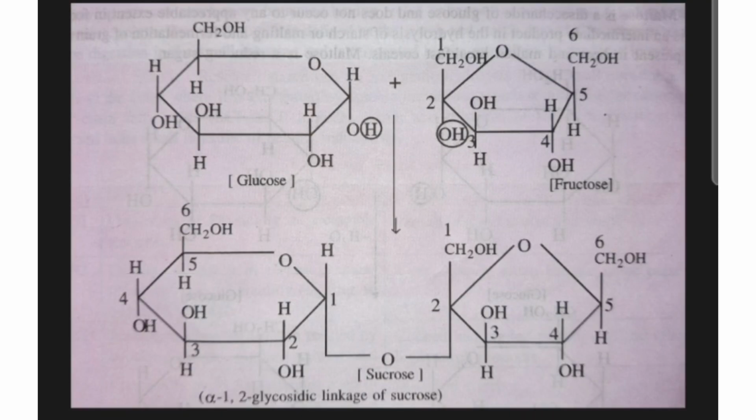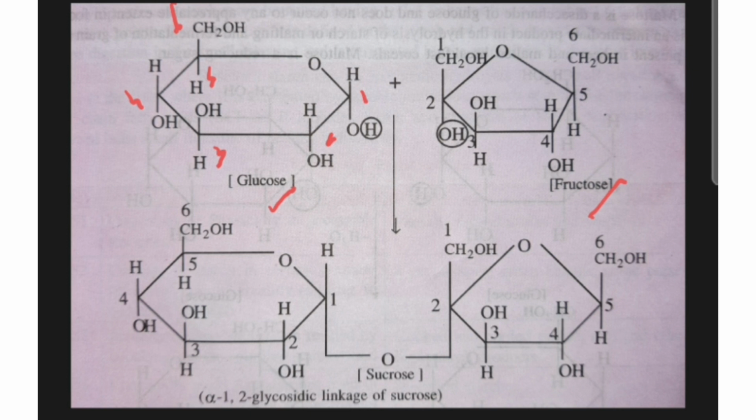In the first structure that you can see, it is the structure of glucose, and the second is the structure of fructose. In the first structure, it is the first carbon, the second, the third, the fourth, the fifth, and this one is the sixth. So it is the normal pyranose ring structure, the Haworth ring structure of glucose.